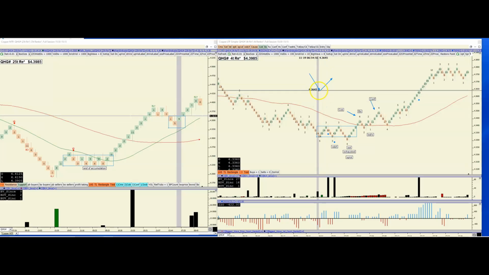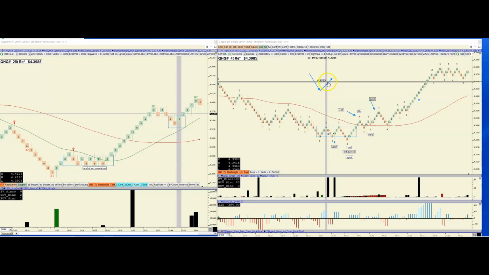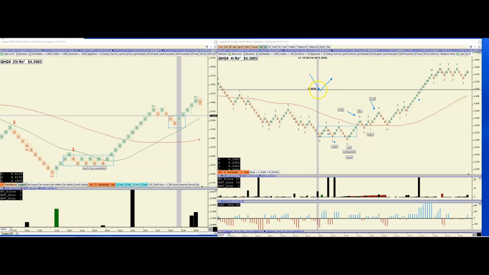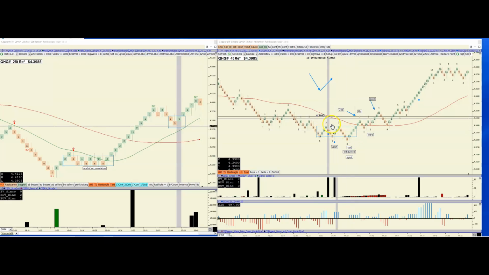What folks don't realize is that this up leg is marking up. The left-hand side is marking down. So what do you think happens right in the turn? In this turn, you have accumulation. Sometimes you have reaccumulation, obviously on a smaller scale, which is what's happening right here.